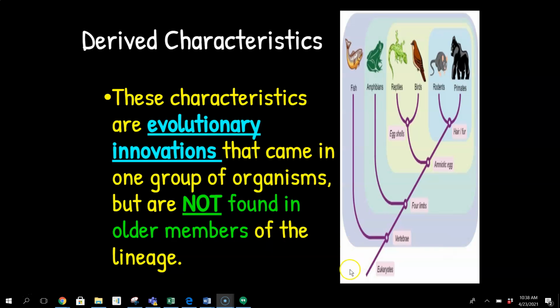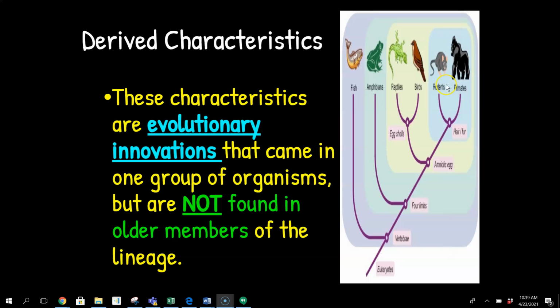So let's say if I look at this guy here and see where all these points are, this is where the characteristic is, right? So like if I looked here with this frog, amphibians, from here on they all have 4 limbs.